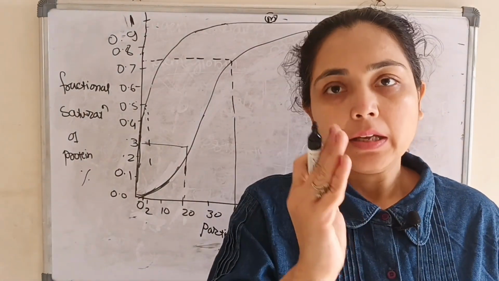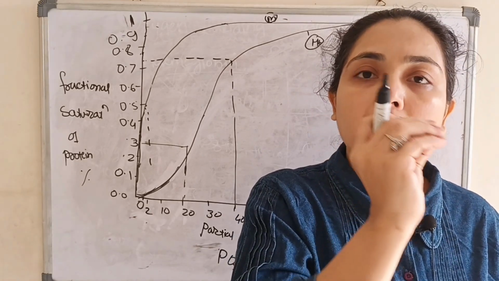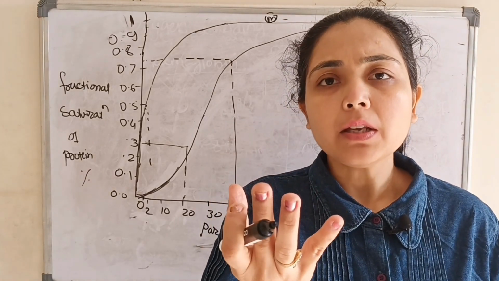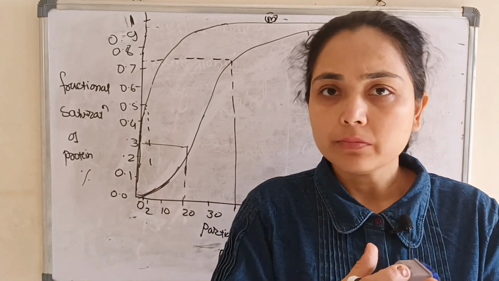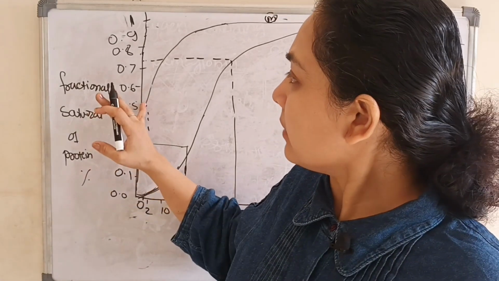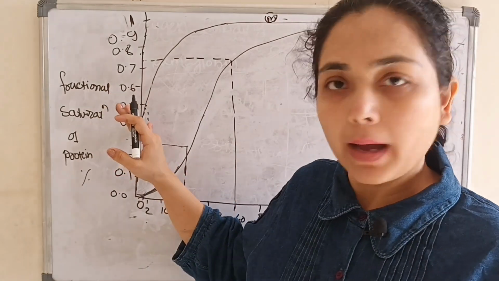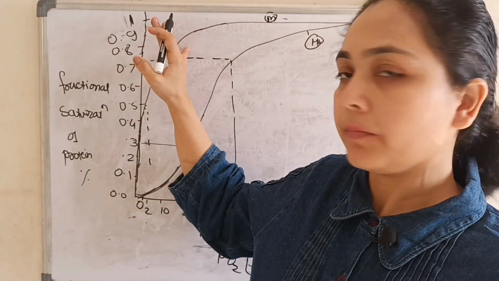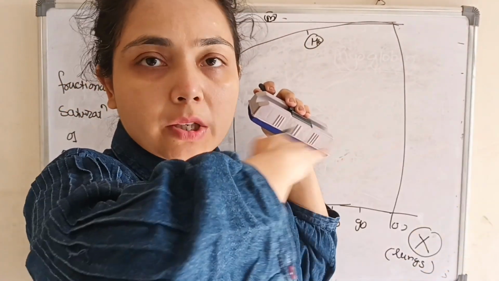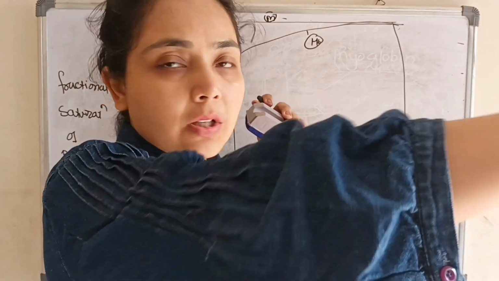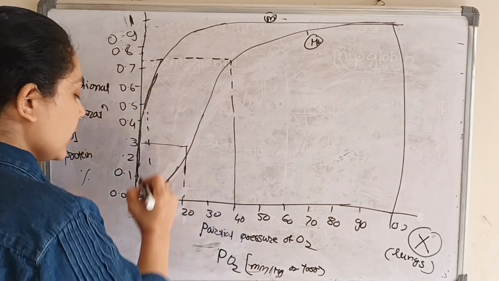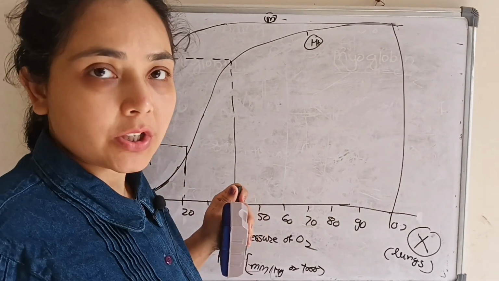Myoglobin has a higher affinity, so even by increasing the partial pressure of oxygen by a very tiny amount, all the myoglobin will bind with the oxygen, and we get a sharp increase in the curve for myoglobin until it levels off. Then it remains the same, fully saturated, 90%, 98% saturated for the rest of the values. So we see a sharp increase in this myoglobin curve at a very small partial pressure of oxygen.